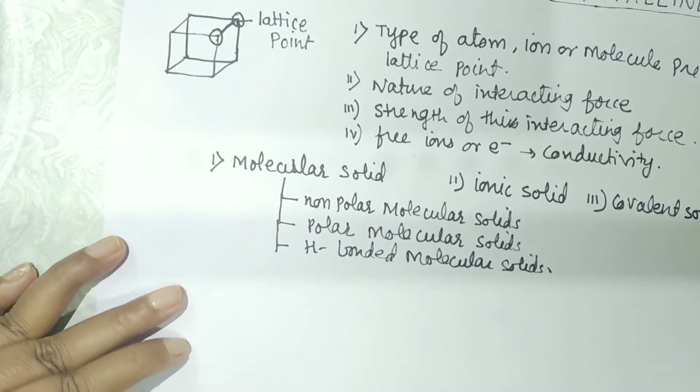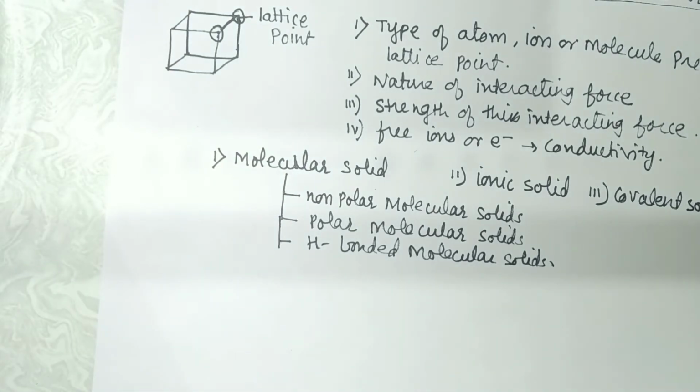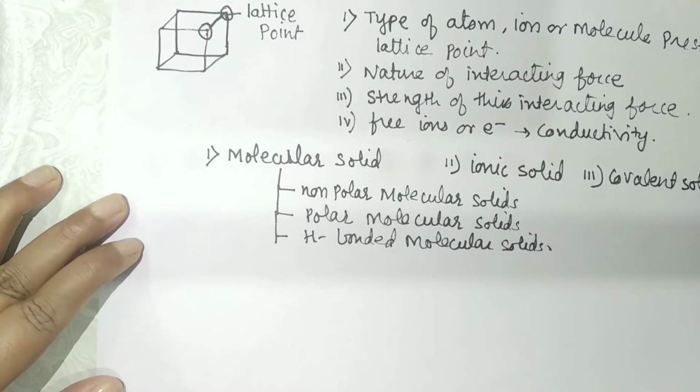So this molecular solid is classified further in this way. To understand those molecular solids, you must know the strength of the bond and the type of the bond that exists between the constituent particles. So let us first start with the molecular solids.